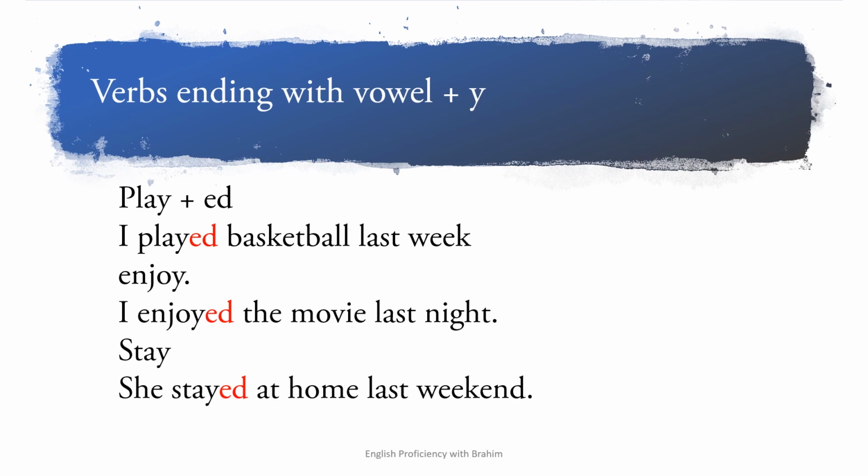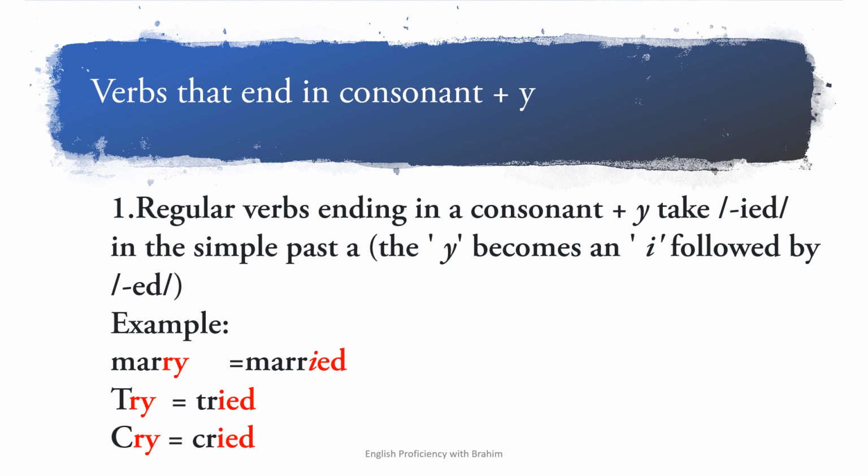So we will move to another type of verbs which are related with this one. Now with the second type of verbs which end with y, we have consonant plus y. So in the previous verbs, we have seen vowel plus y, but now we will see verbs that end in a consonant plus y. So regular verbs ending in a consonant plus y, they take an I, E, D. So in the simple past, the y becomes an I followed by ed.